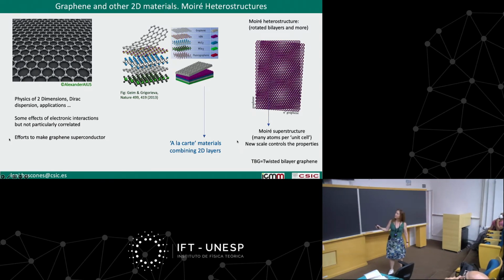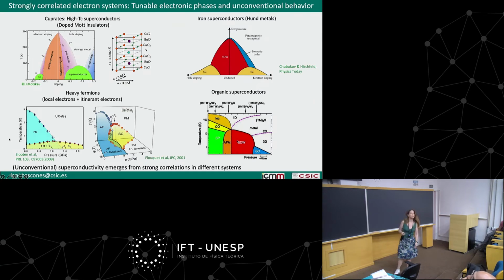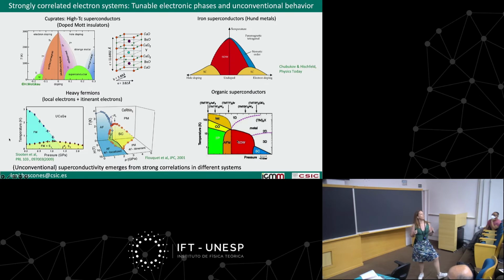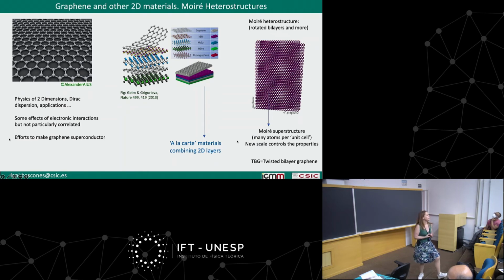So far, all these materials that I have shown have unit cells with a few atoms, okay? Now, recently, within the field of two-dimensional materials, a new type of system has appeared to study strong correlations. I think that probably most or all of you have heard about graphene.